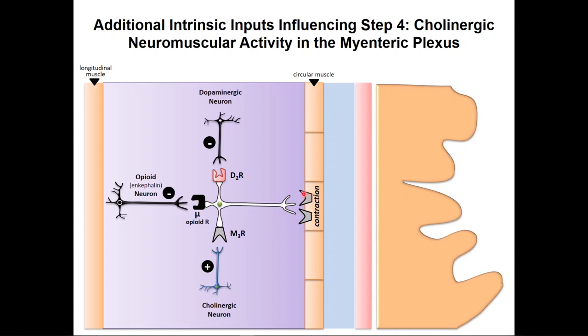Too much opioid, too little acetylcholine, and then this whole contraction just stops, and we have no bowel motility. And why does that matter? Well, not only is the bolus of food stopping, but it gives more time for water absorption, and then it gets desiccated.